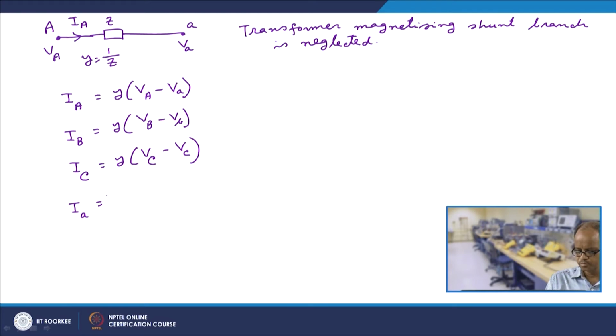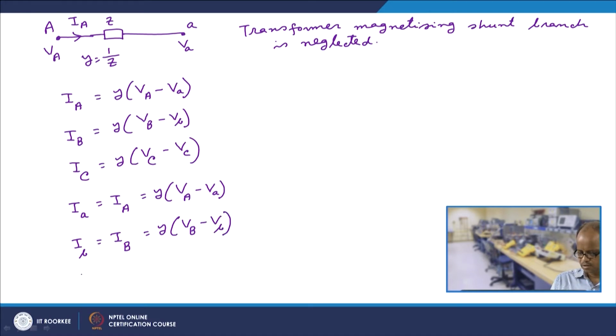So, I A is equal to capital A, and so it is Y into V A minus V a. I B is equal to I capital B is equal to Y into V B minus V b, and I c, this is small c, is equal to I capital C, that would be Y into V capital C minus V small c.